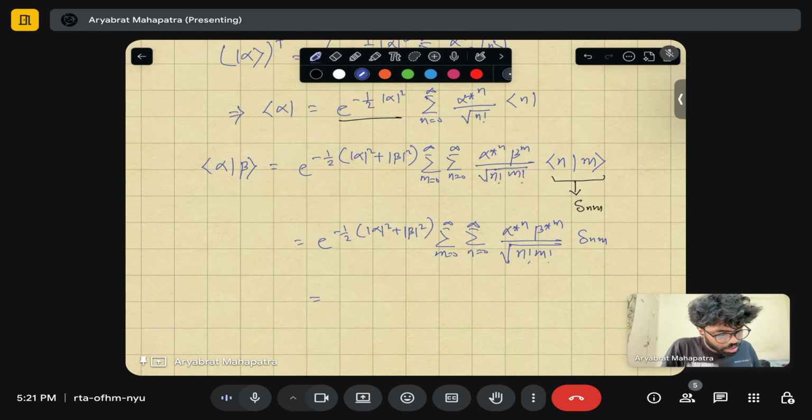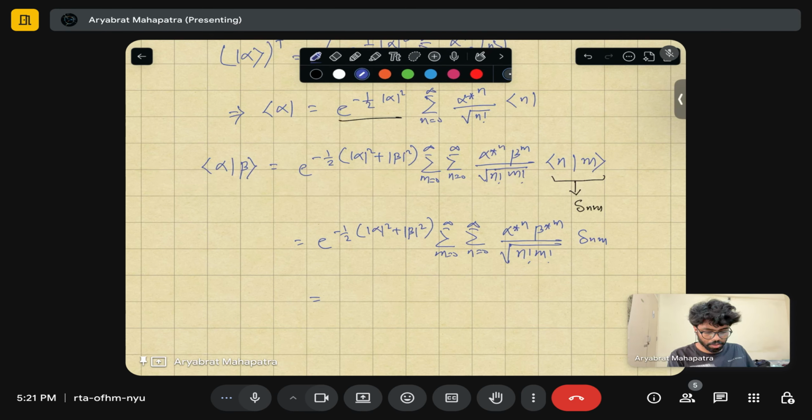So here, if n is not equal to m, then the whole thing is zero. So n has to be equal to m if you want any non-zero contribution from this inner product. The only non-zero contribution will come when n is equal to m; otherwise, if n is not equal to m, the whole thing is zero.